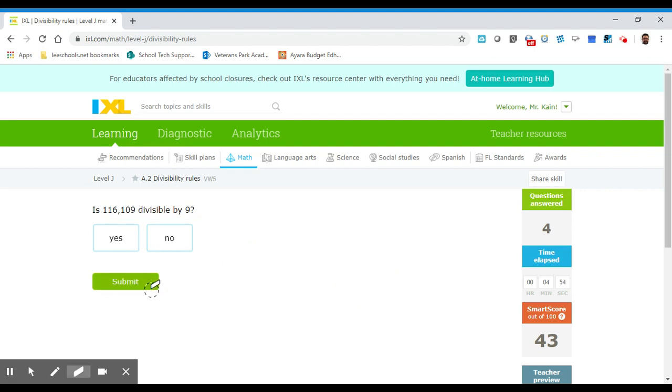Okay. Another rule we haven't talked about: is this number divisible by 9? The rule for divide by 9 is the same as the rule for 3. We add up the digits 1, 1, 6, 1, 0, 9. Add them all up.